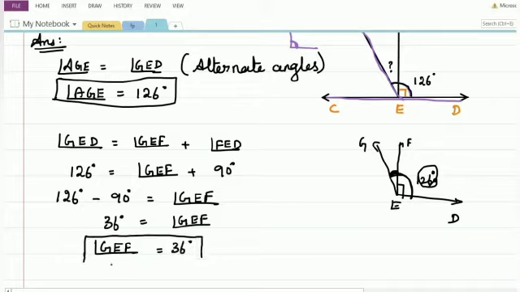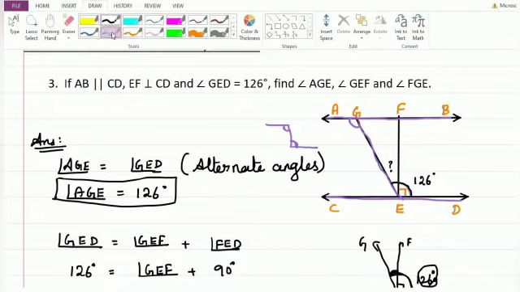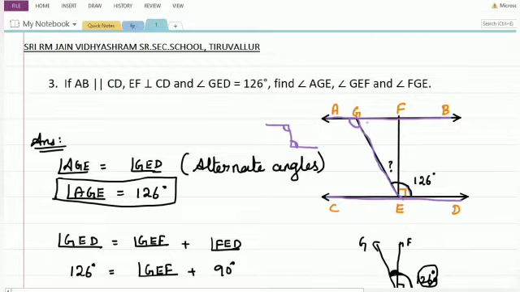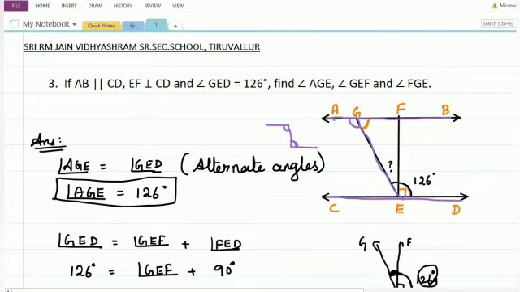Let us find out the third part. What is the third part? They have asked us to find FGE. Where is FGE? Look into the diagram. So here is FGE. Now when you look into the diagram clearly, here we have a straight line and here is a ray which passes through.